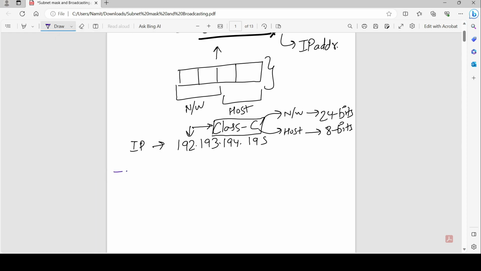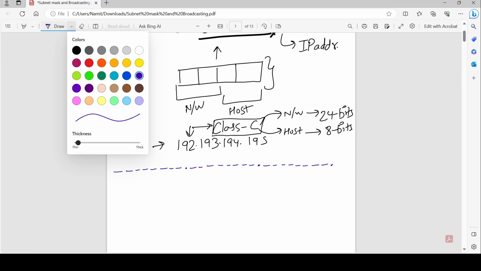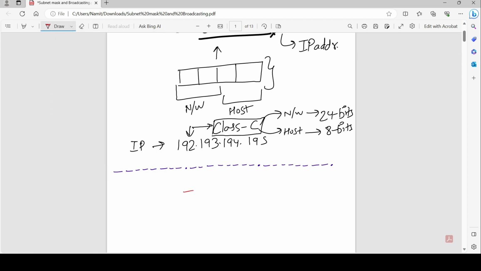So it is 1 2 3 4 5 6 7 8, then full stop. 1 2 3 4 5 6 7 8, full stop. 1 2 3 4 5 6 7 8, full stop. Then we have the host, so let's change the color for the host. We are left with how many bits? We are left with 8 bits. 1 2 3 4 5 6 7 8.